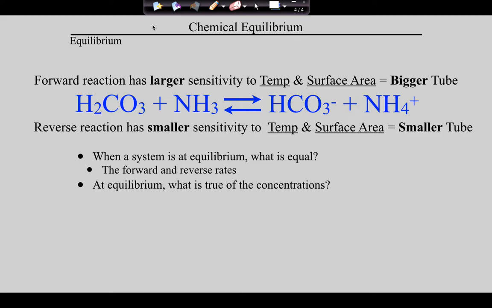Now guys, when that happens, something else really unusual takes place. So as we started moving the same amount of stuff forward as backward, when the rates became equal, what did that then do to the amount of water inside the tubes? They became 70-30, and did they change? No, they stayed there. And guys, that is representative of concentration.